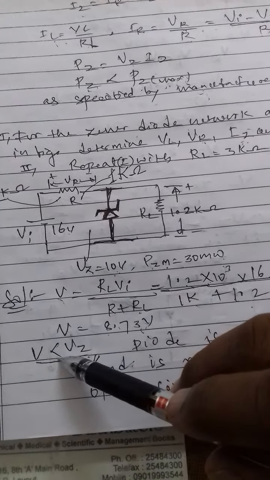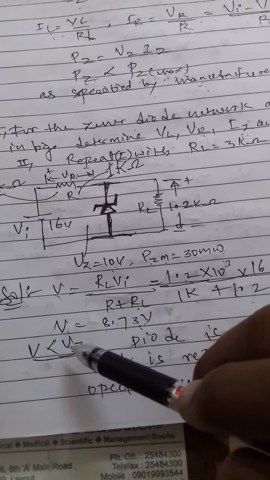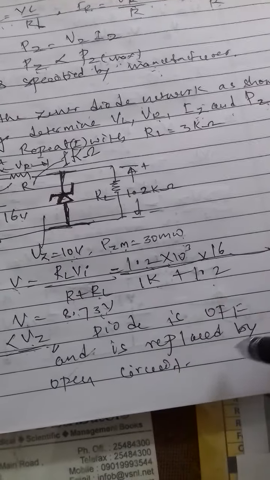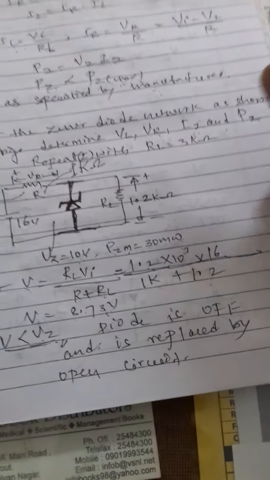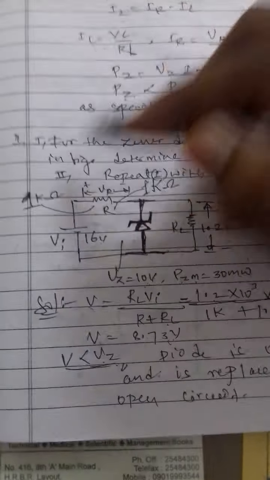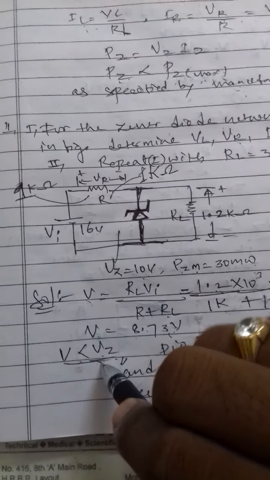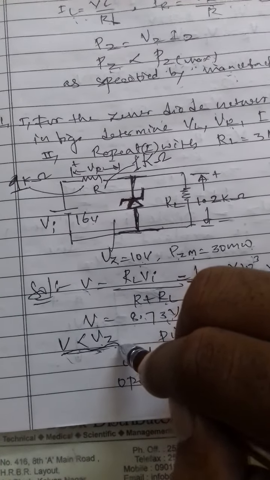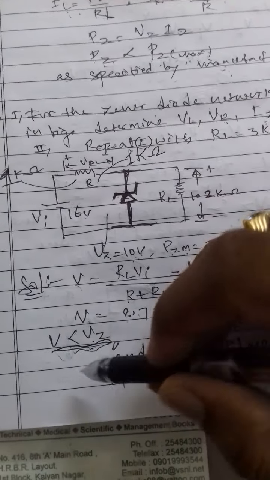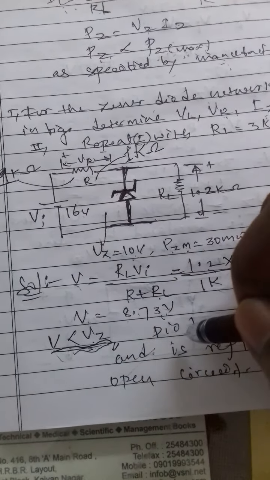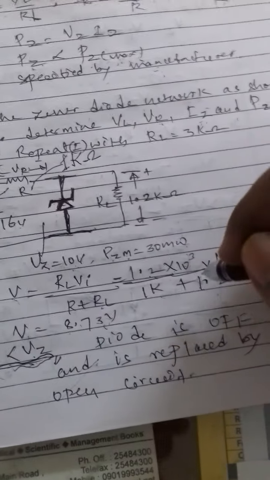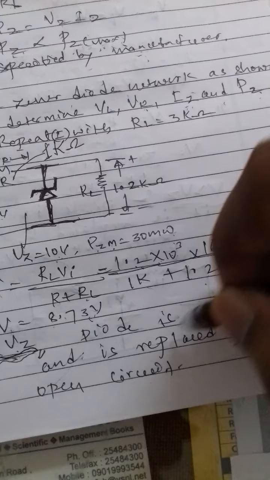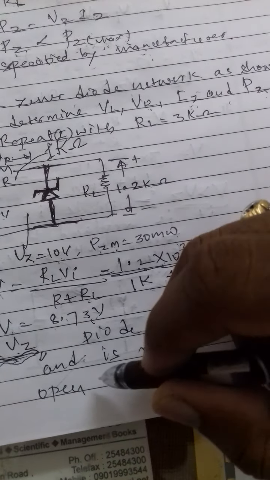For voltage V less than Vz, that is the Zener voltage, the diode is off and is replaced by an open circuit.